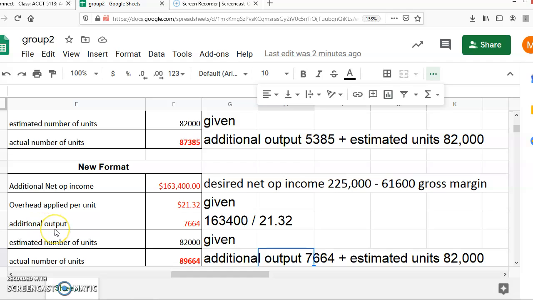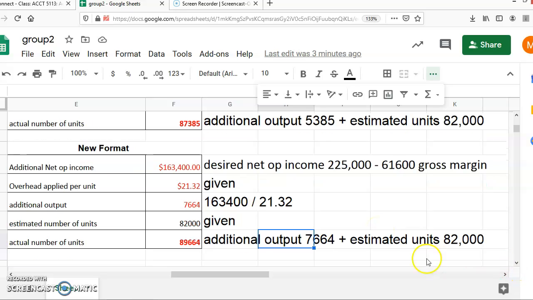For the additional output, we took 63,400 divided by $21.32, and that gave us the additional output. The estimated number of units was given as 82,000.